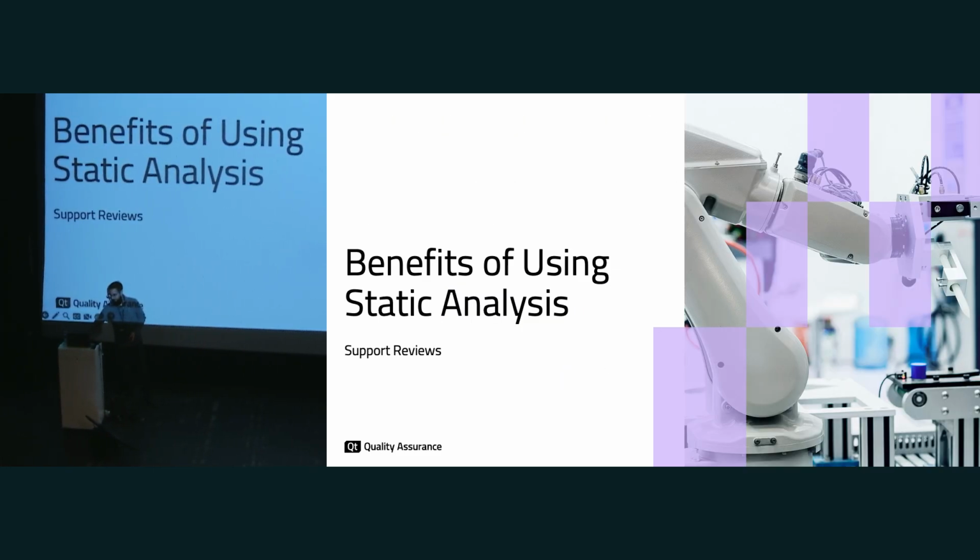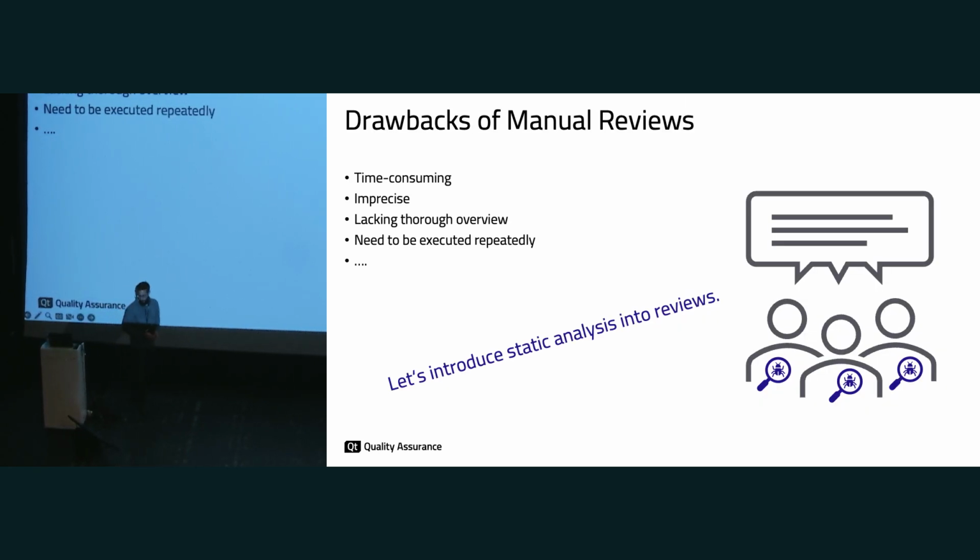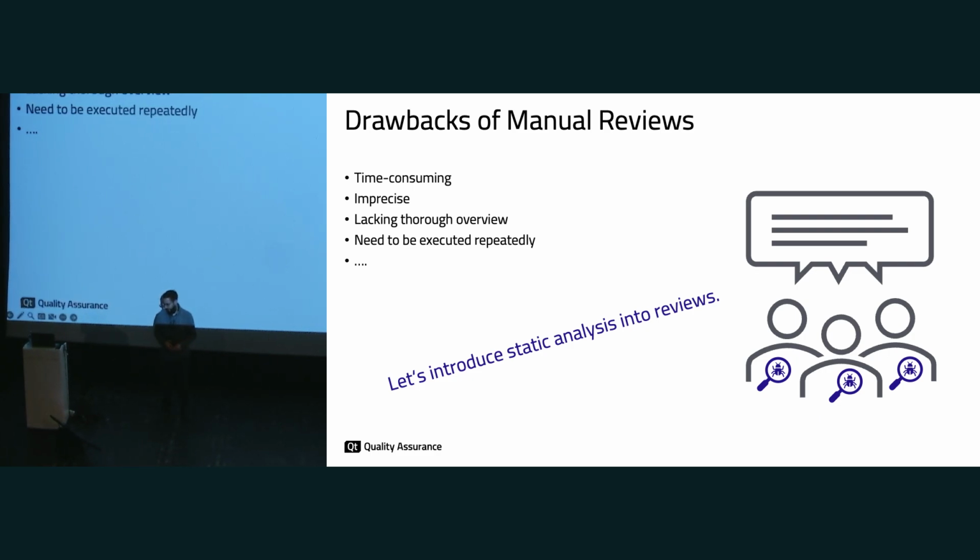So maybe let's take a step. This can also help manual reviews, because you know that manually reviewing source code is time-consuming and imprecise. It's often hard to find reviewers that have the necessary system-wide knowledge to actually assess the impact of your code change. It might be fine for the test case and pretty locally, but system-wide it could break stuff.